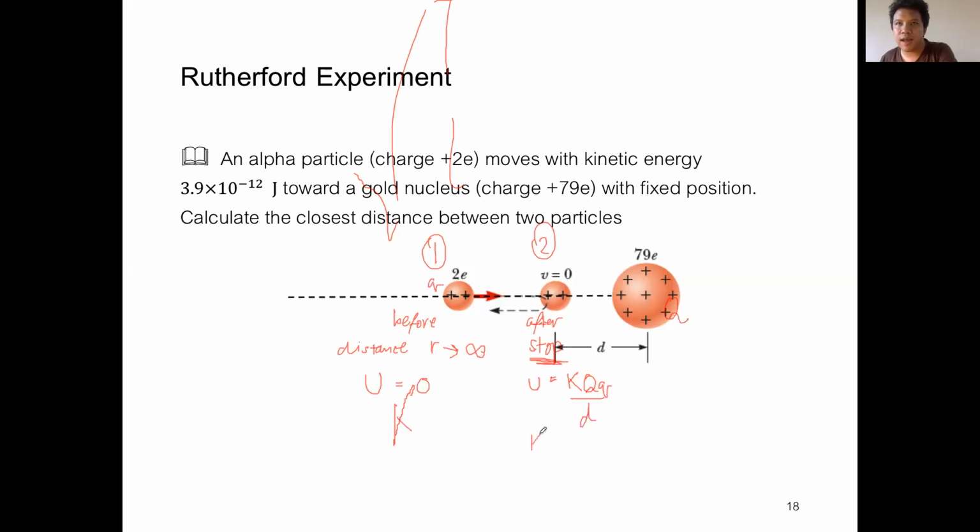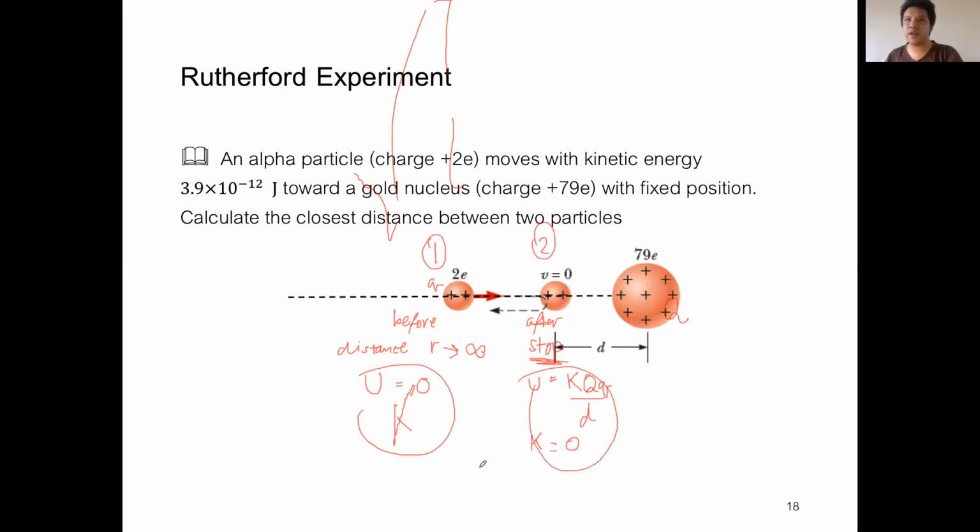But as we assume that the particles stop moving, the kinetic energy is 0. So with these two situations, the total energy before equals the total energy after.